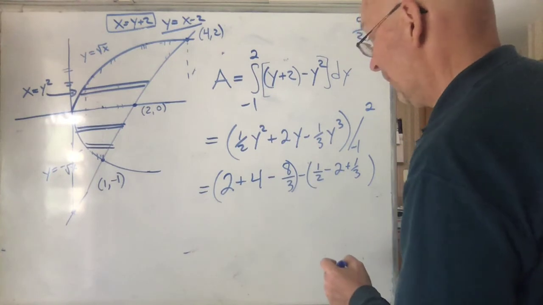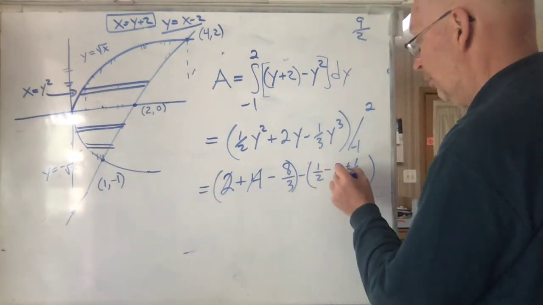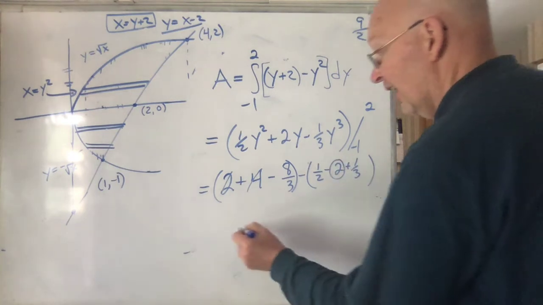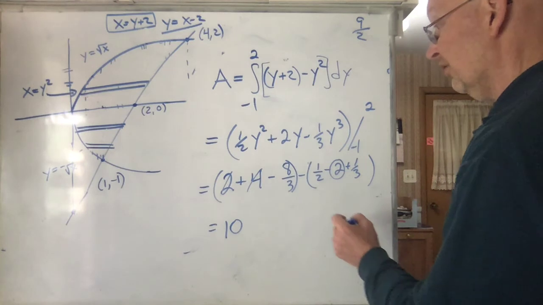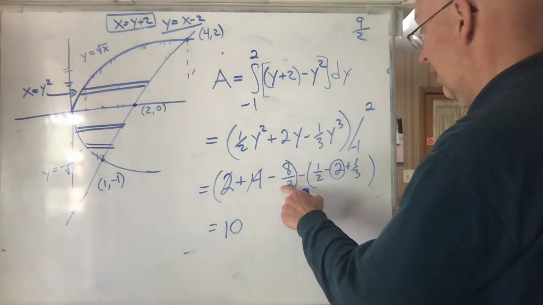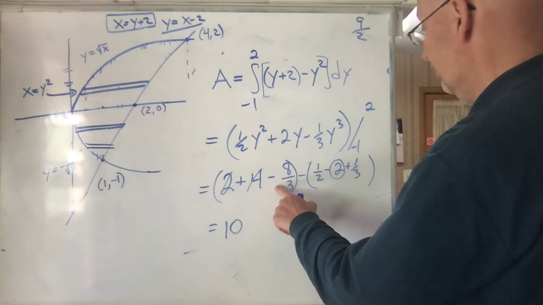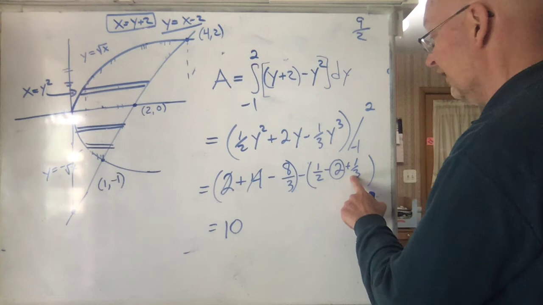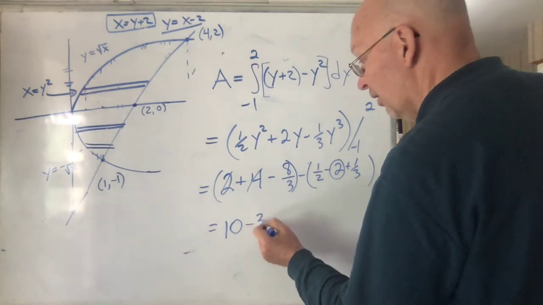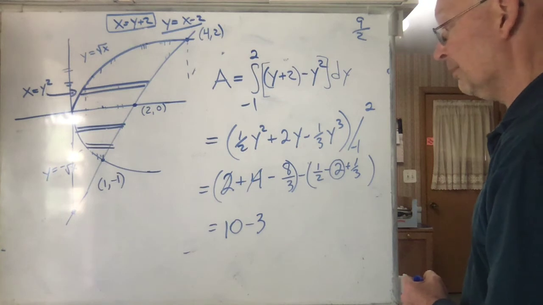What do we get? We're going to get 6 plus 2 is going to be 10. Then we're going to get -8/3, and here is another -1/3, which is -9/3, which is -3.